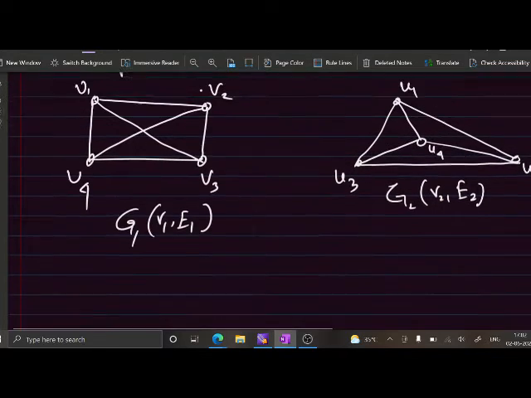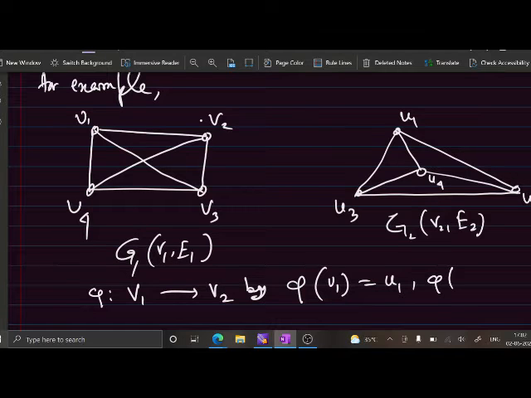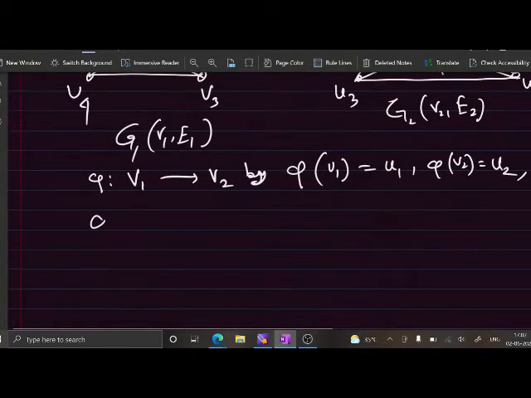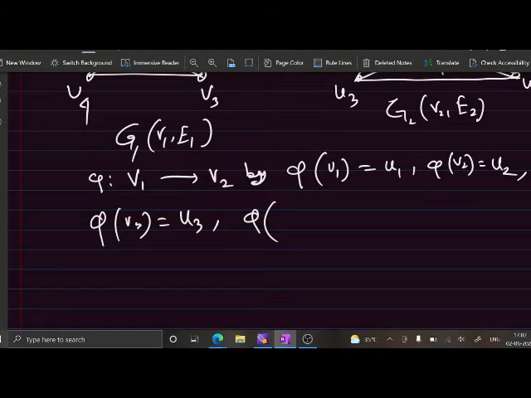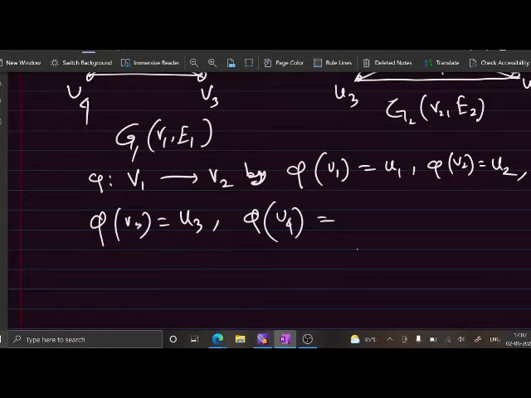So what you do, you just define a map phi from V1 to V2 by, phi of v1 will be mapped to u1, phi of v2 will be mapped to u2, and phi of v3 will be mapped to u3, and phi of v4 will be mapped to u4.